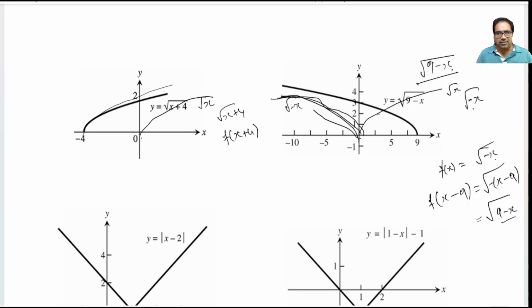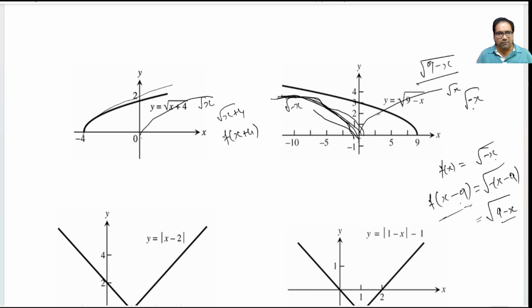So root of 9 minus x is nothing but f of x minus 9 when f of x is root of minus x. Basically, we take this root of minus x graph, and then x minus 9 means a horizontal shift of 9 units towards the right.